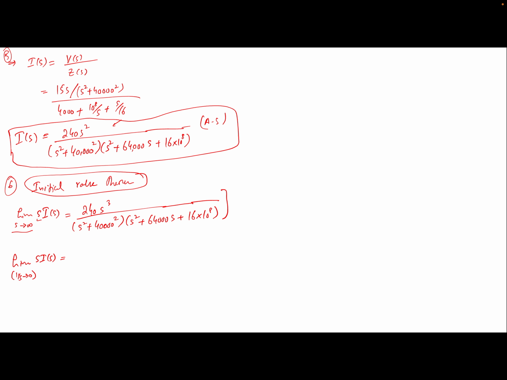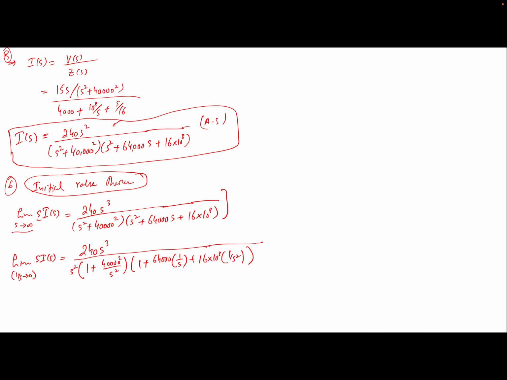For example, taking S squared out of the numerator, I am left with 1 plus 40,000 squared over S squared, and then 1 plus 64,000 times 1 over S plus 16 times 10 to the 8 times 1 over S squared.